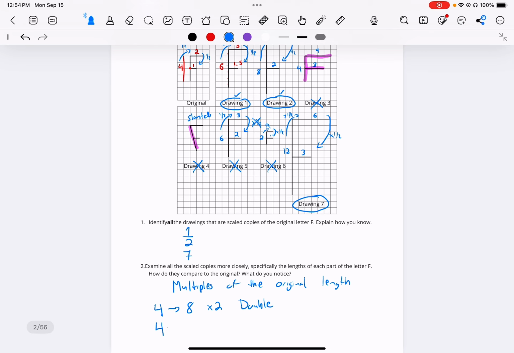Going from our original of 4 high to 12, it became times 3. So it became triple in size. And going from 4 to 6, that's multiplied by 1.5, so it's 1.5 times as large.